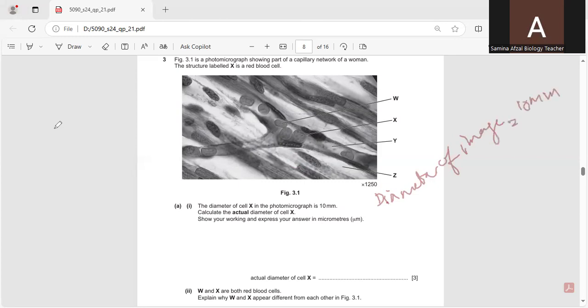And we have to convert it into micrometers. First of all, we will write magnification is equal to image diameter over actual diameter.